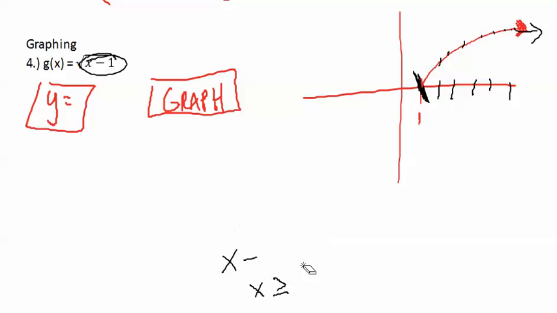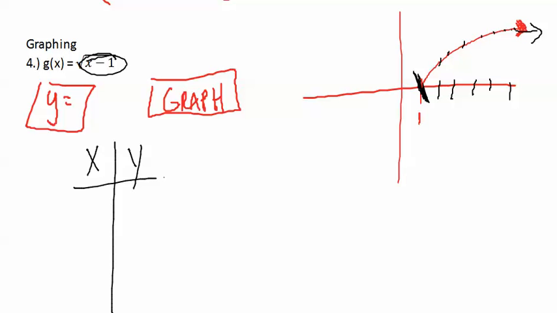So without a calculator, how can we graph this? Well, I'm going to look at the domain restriction. I take whatever is underneath the radical, the radicand, and I set it greater than or equal to 0. And I'm going to solve. From there, that becomes my x value.